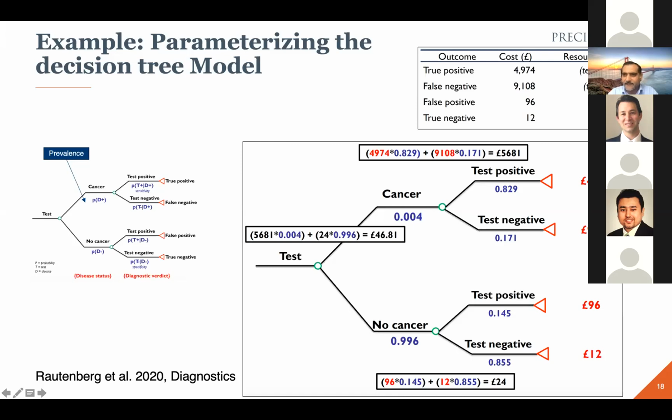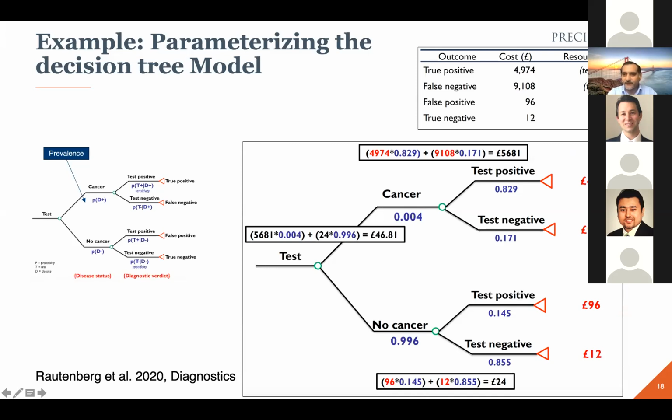Because if it is done early, the person would have a better life and maybe work more hours, so you can quantify that cost of productivity. You can quantify the test cost, and the assessment by the nurse or technician. All these things can go into this calculation of 4974, and that's the cost associated with this path.